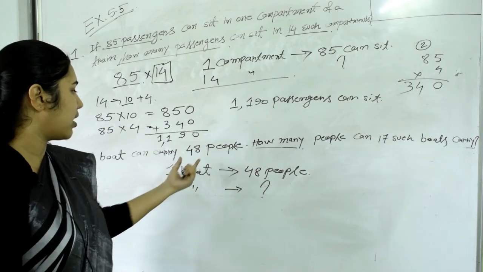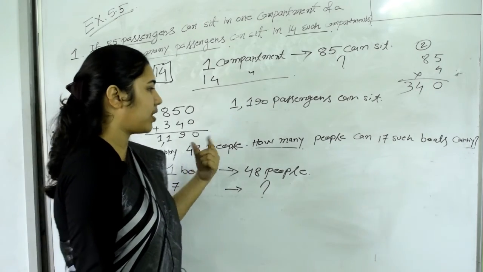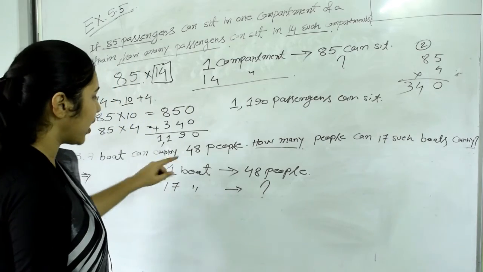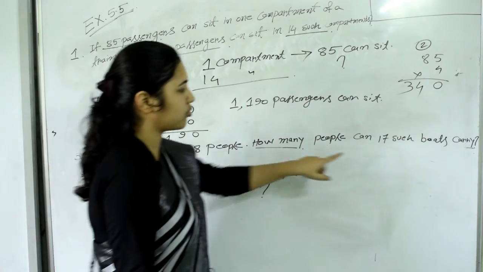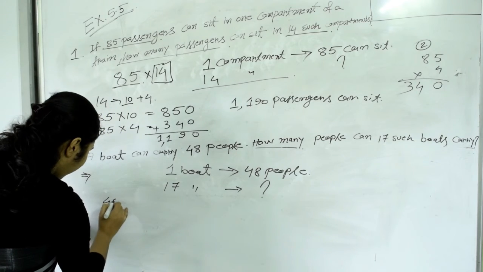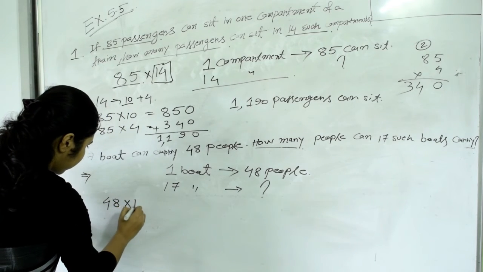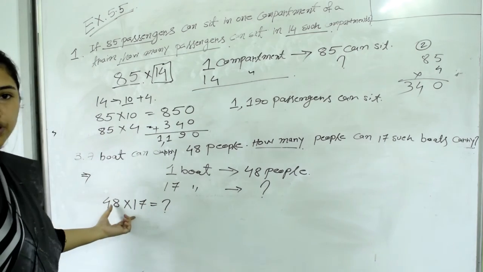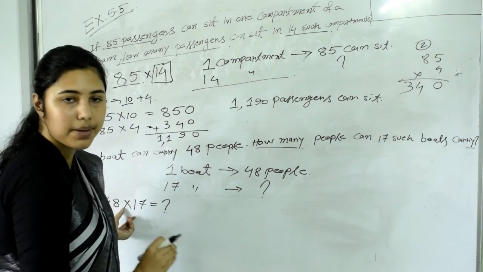So again here we can't add people with boats, right? So again here we have to multiply 48 with 17 boats. So 48 into 17. We have to find the product of 48 and 17.